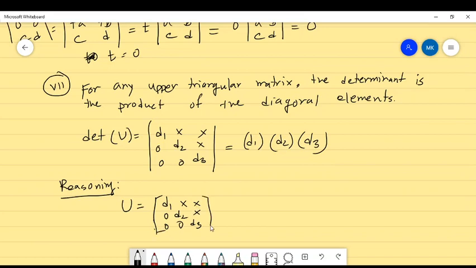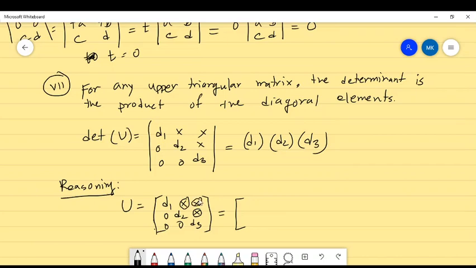Now from this matrix, in the row echelon form, after some elimination, you could make these entries 0, right?